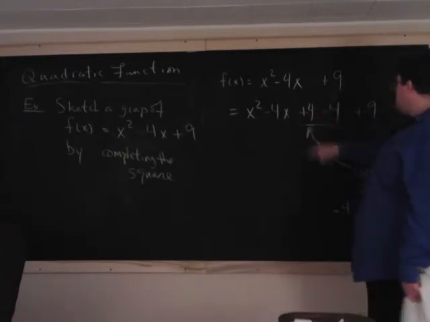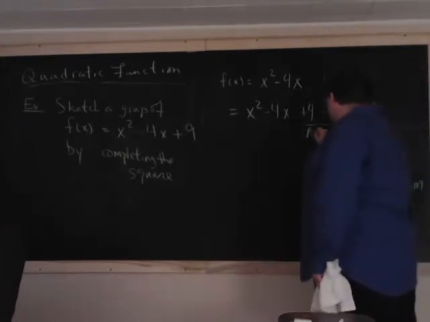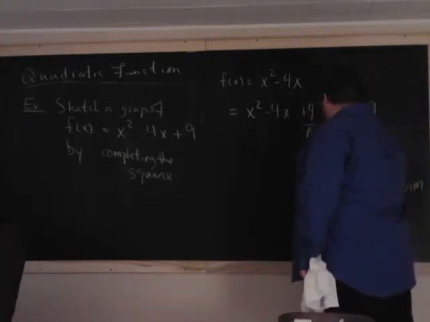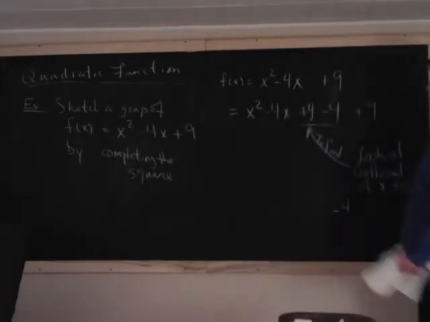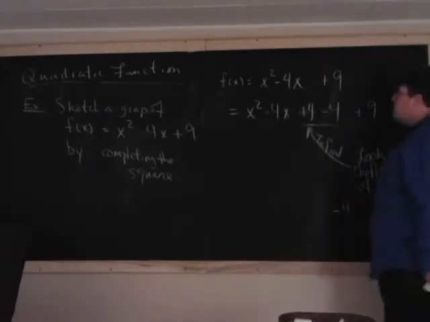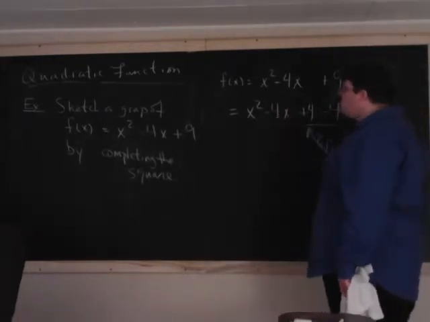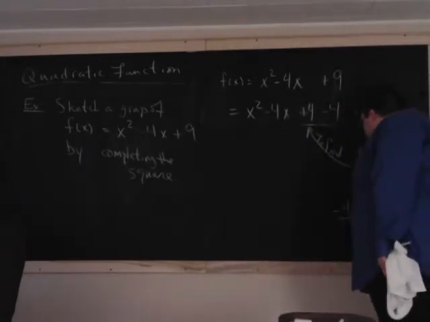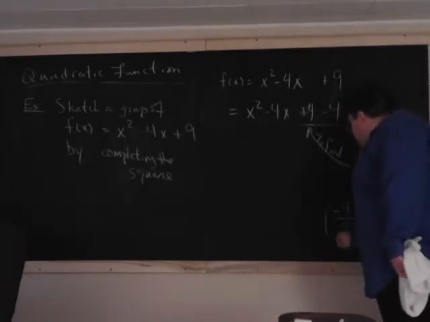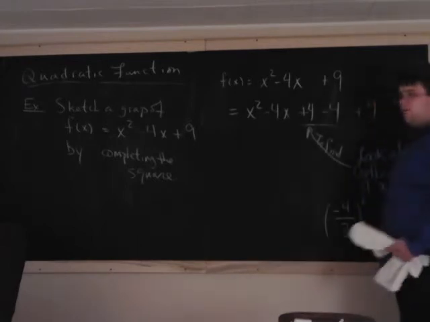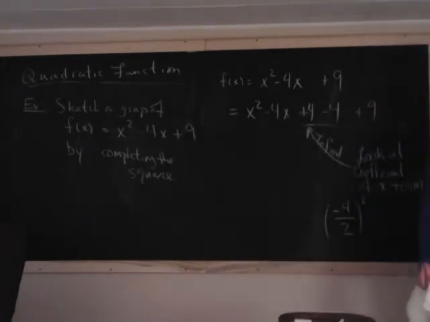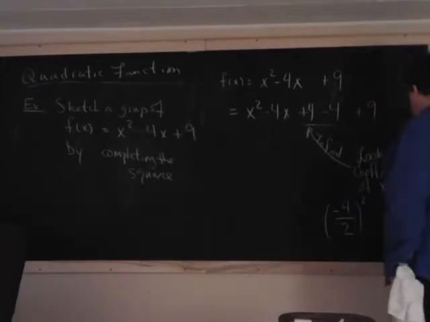So to find that 4, look at the coefficient on this x term, which is negative 4. Take half of it. Half of negative 4 is negative 2. And then square it.